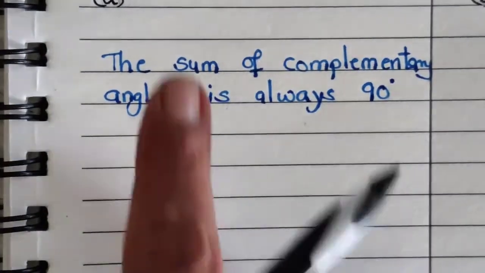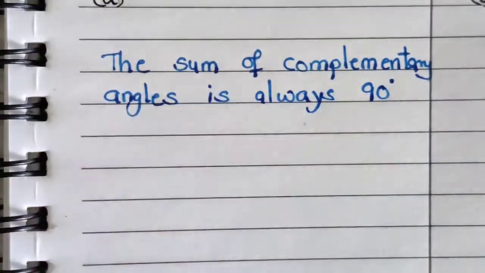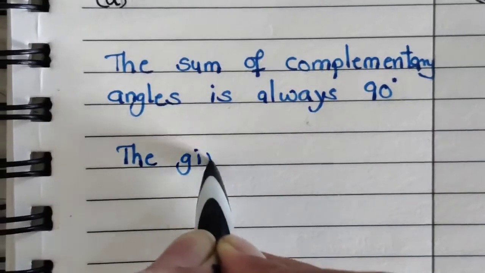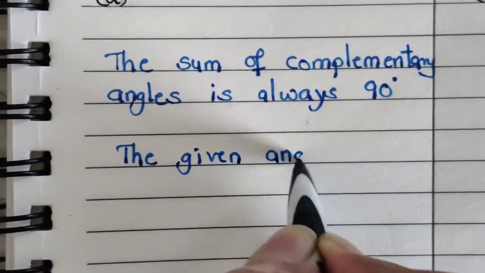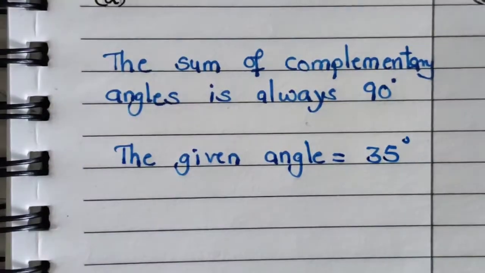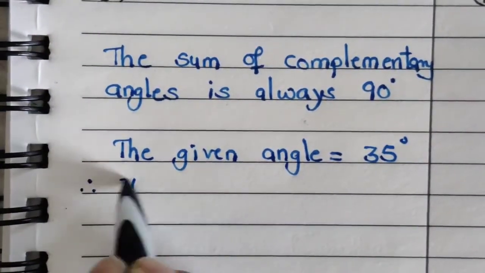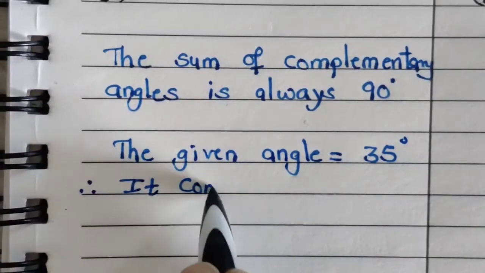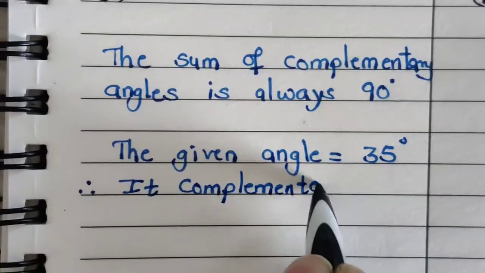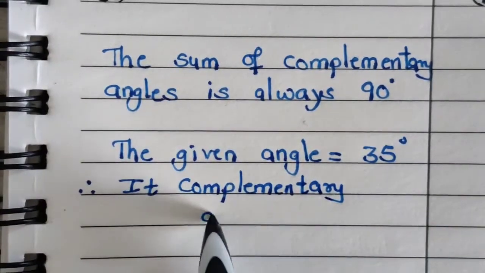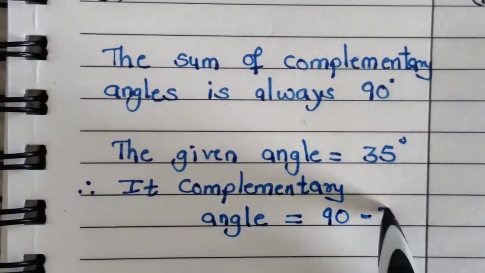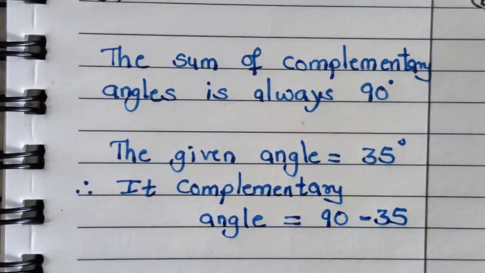Okay, now we know that the sum of complementary angles is always 90 degrees. Now the given angle is given to us as 35 degrees. Therefore, its complementary angle will be what? So its complementary angle will be equal to 90 minus 35.